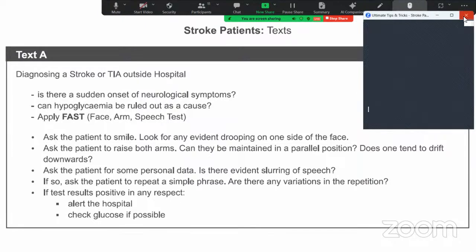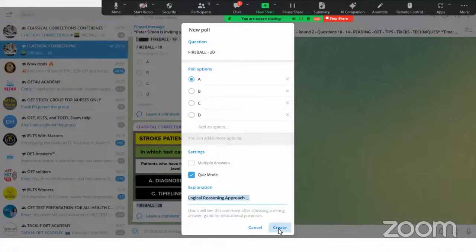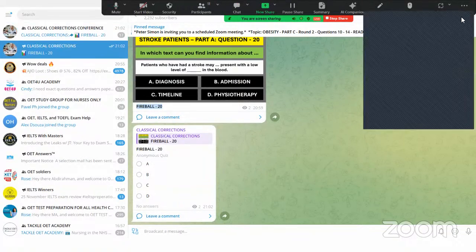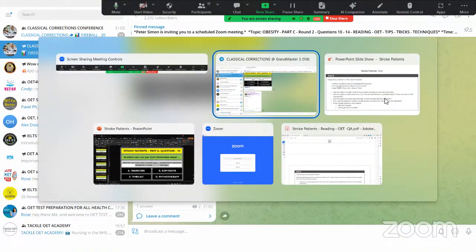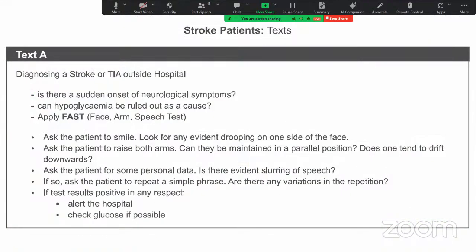Write your answer. Yeah, so, is it glucose? Check properly. Don't be in a hurry. Is it glucose? Are you sure? Is it in A first of all?